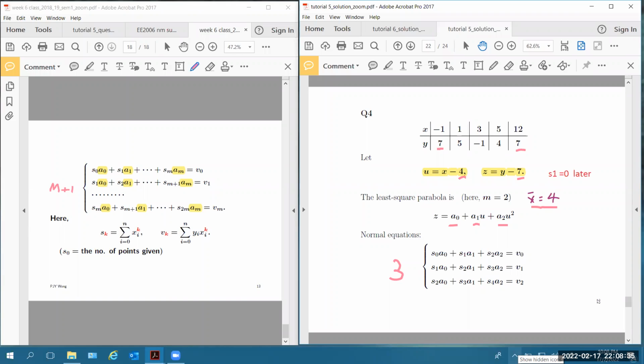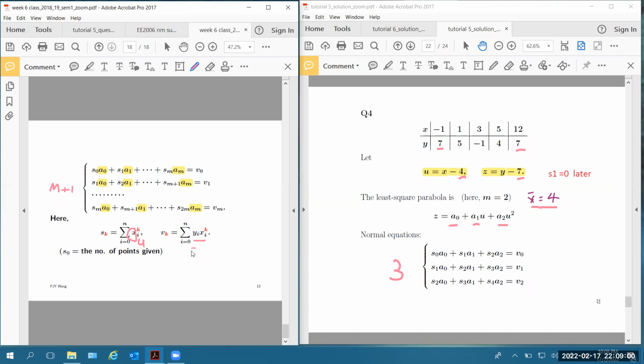All right, and then you just go and calculate your S0, S1, S2, S3, S4, B0, B1, B2 according to this formula. But of course, now in your formula, you need to change. Instead of X, now you will change to U. Because now this is your new X, right? Instead of Y and X, now it will become what?